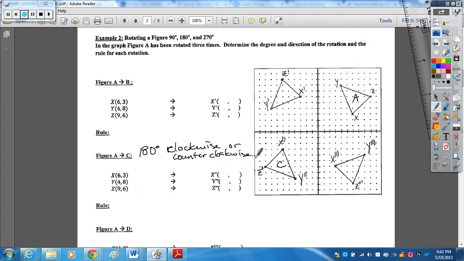It really doesn't matter. Either way you rotate it, if I turn halfway around in one direction, or I turn halfway around in the other direction, either way I end up in the same spot, and that's true with this as well. Now, if we take a look at the ordered pairs of x, y, x double prime, y double prime, and z double prime, x double prime is out here at 1, 2, 3, 4, 5, 6, down 1, 2, 3, so -6, -3.